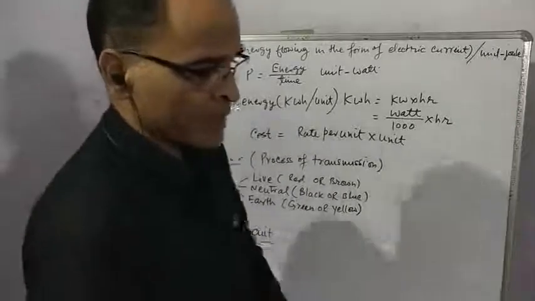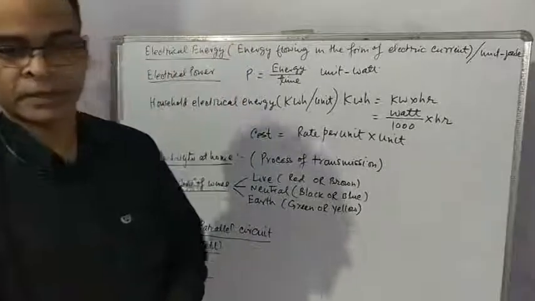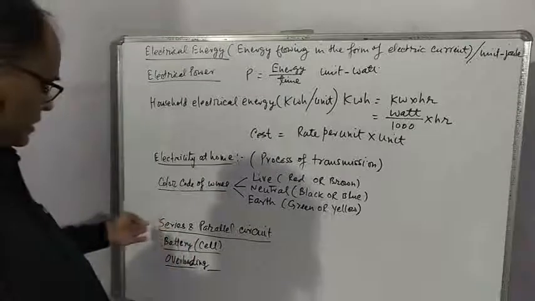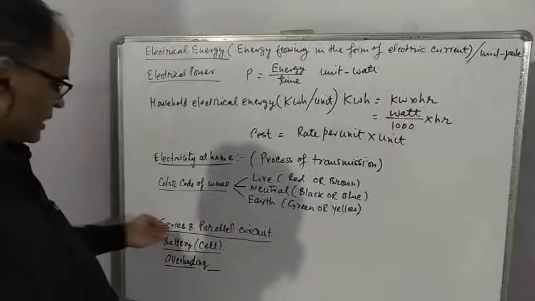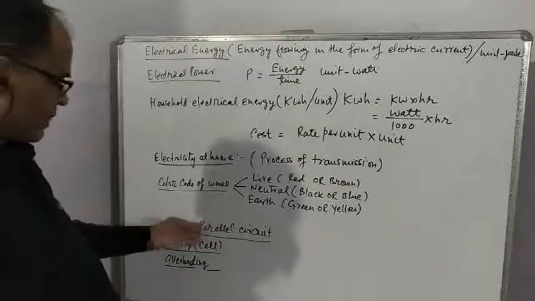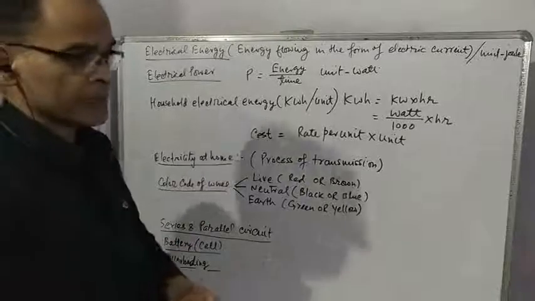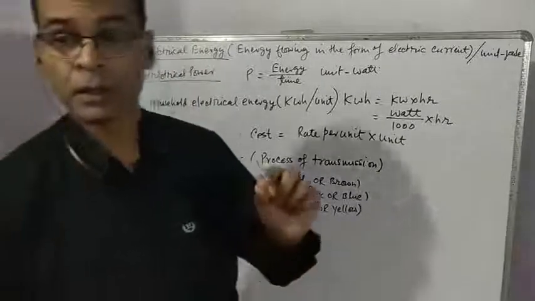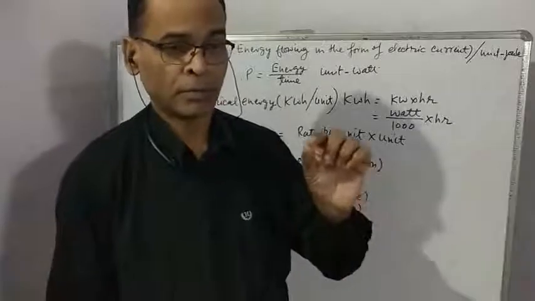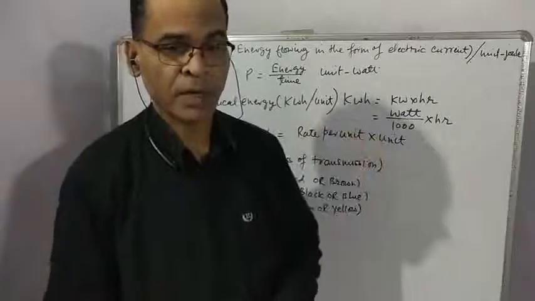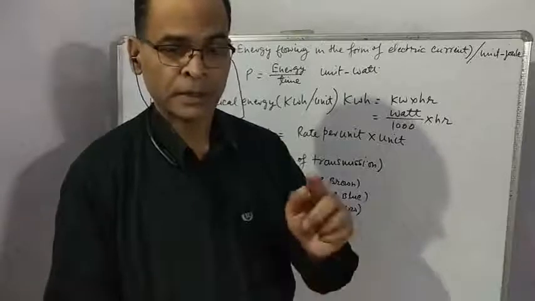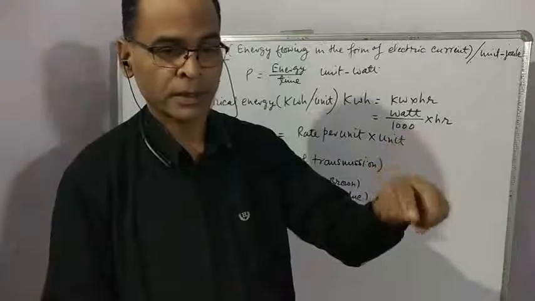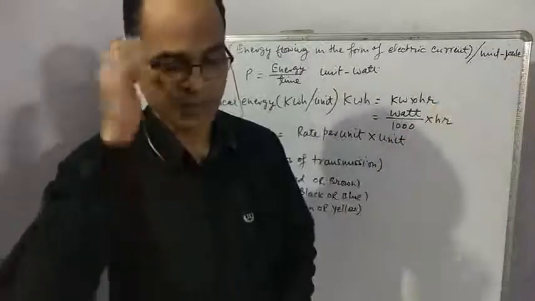We use different types of wiring to run our devices, and these types are series wiring and parallel wiring. In series wiring, the live wire is connected to one terminal of the first device, then the neutral is connected to the second device, then the second terminal is connected to the third device, like this.